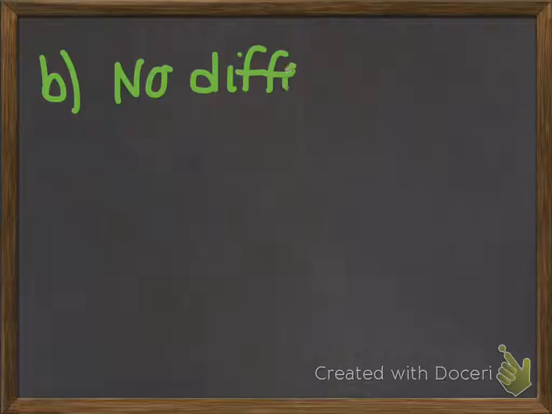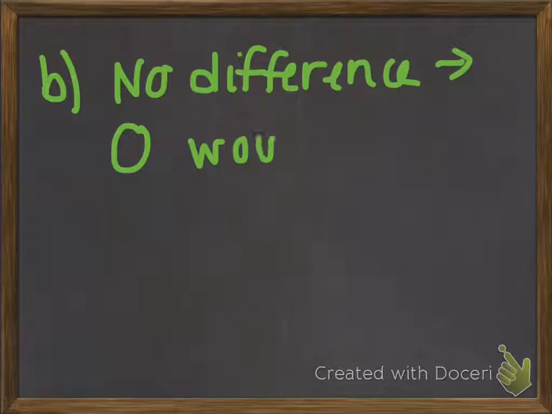Finally, Part B says, does your interval in Part A give convincing evidence of a difference in zinc concentrations at the top and bottom of wells in the region? Justify your answer. Well, the easiest way to justify this is if there was a chance of no difference, 0 would be in the interval.